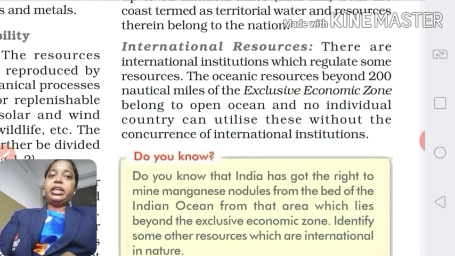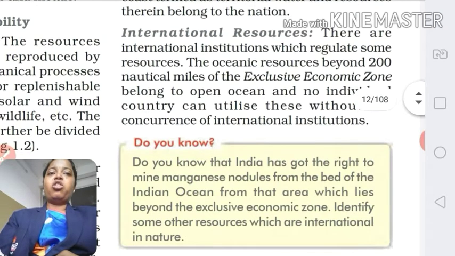Like that, there are national resources and international resources also. There are international institutions which regulate some resources, such as the oceanic resources beyond 200 nautical miles of the exclusive economic zone, which belong to the open ocean, and no individual country can utilize this without the concurrence of international institutions.